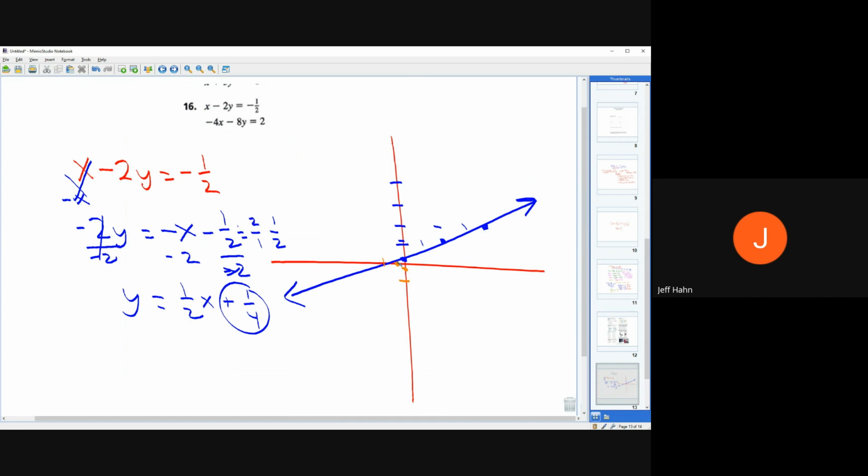Now, I have zero idea what that point is other than it's a couple of fractions. What was the answer to that? 16 was negative 1/2, 0. Oh, I guess I was close there. That wasn't bad, was it?